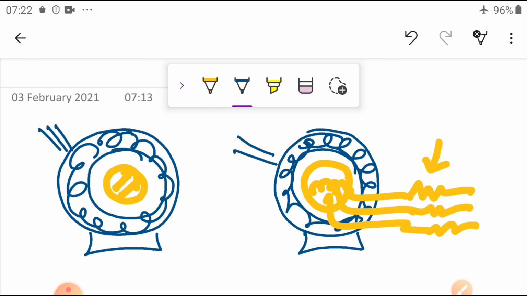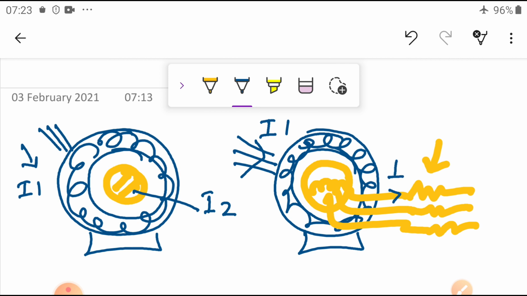Once the 3-phase supply is given, current flows. That current is equal to the I1 current. The current which is produced in the rotor is called the I2 current.